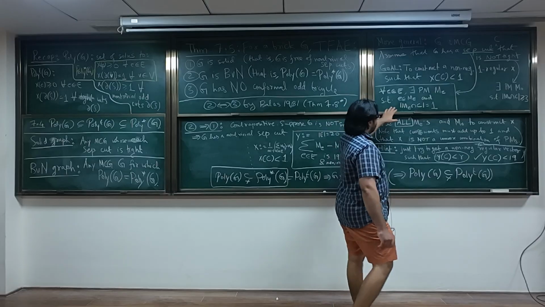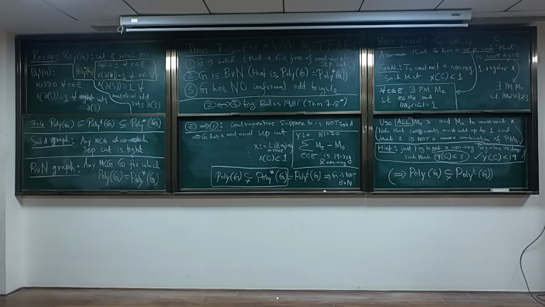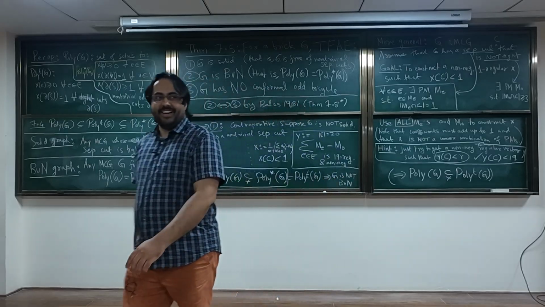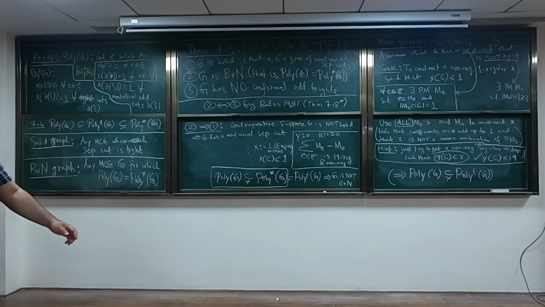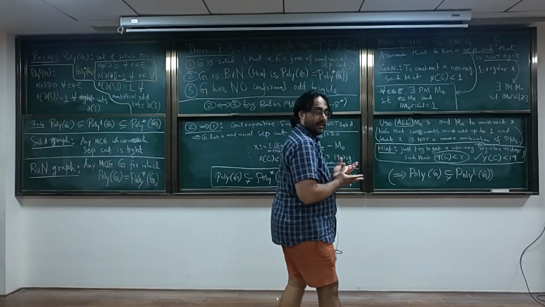Hopefully you see the power of separating cuts. This characterization may seem kind of useless when you first see it, like, yeah, whatever. But now you see how useful it is. Okay, so we are done with this direction. Questions, concerns?